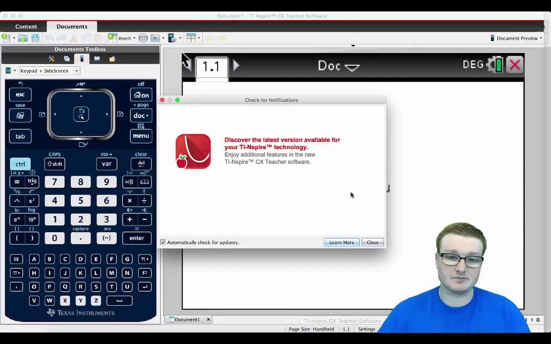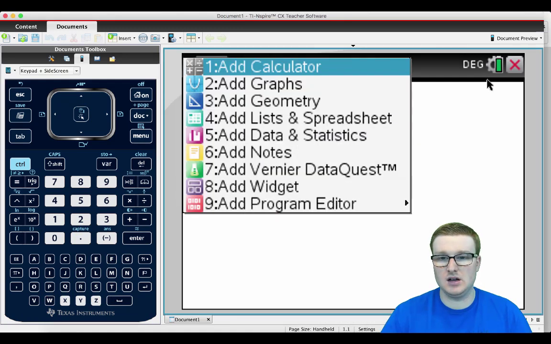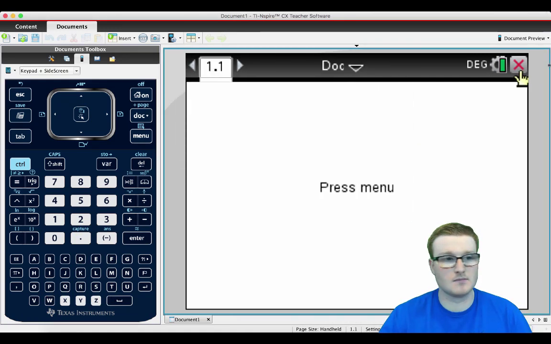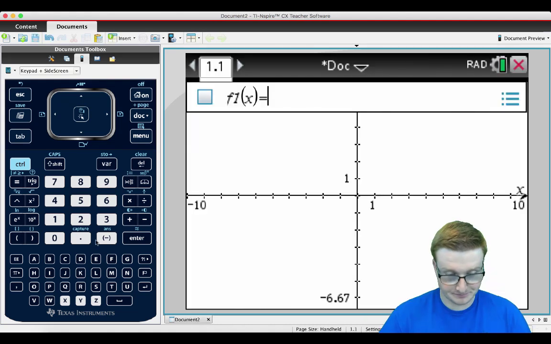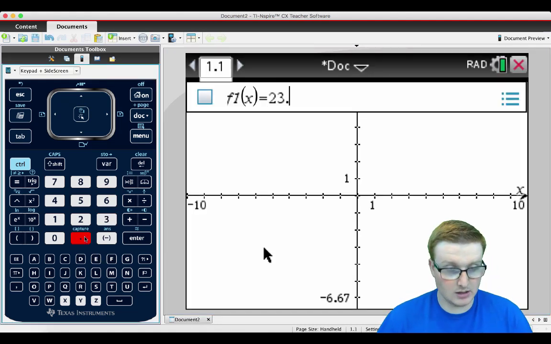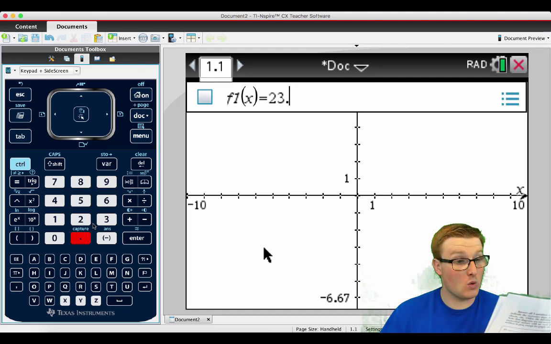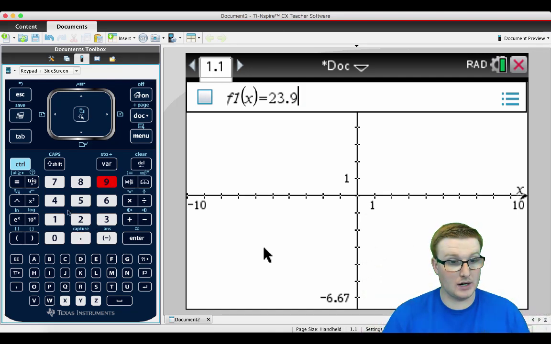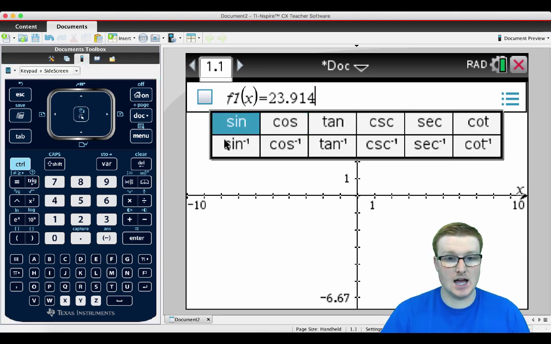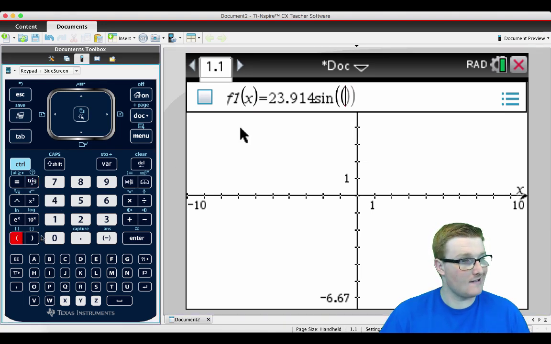So what I'm going to do is graph this on my calculator. All right, calculator, here we go. So we have 23.914 times the sine of 0.508x minus 2.148.